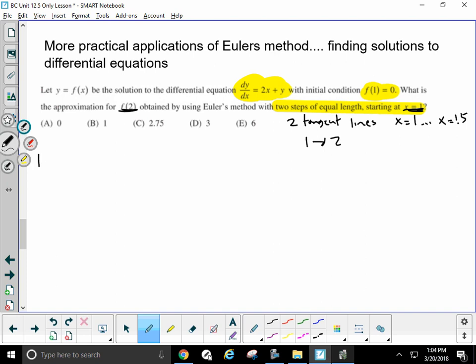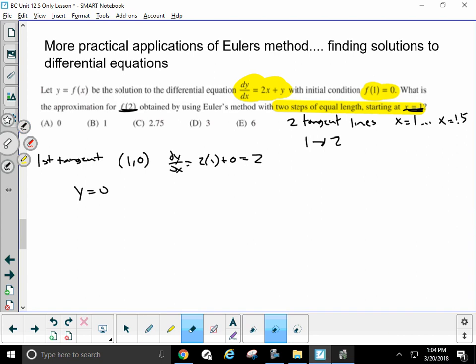So here we go. Our first tangent line will be at the point that we know, (1, 0), and dy/dx, which is 2 times 1 plus 0. And we get our first equation: y minus 0 equals 2 times (x minus 1).